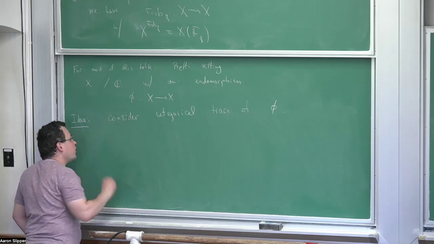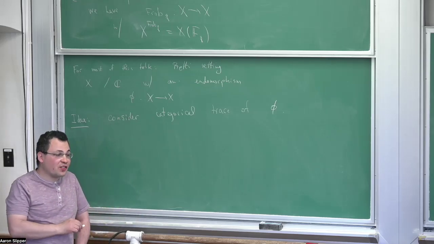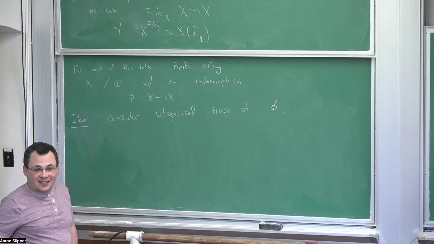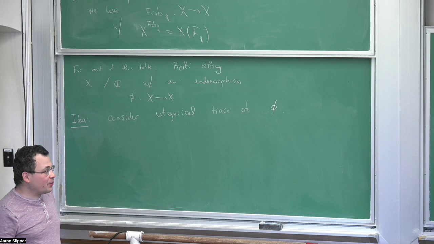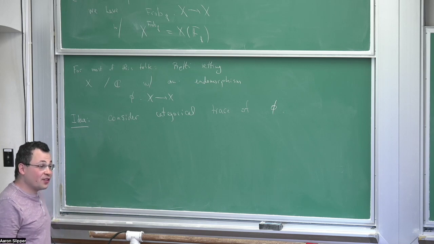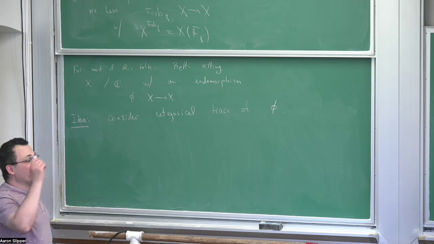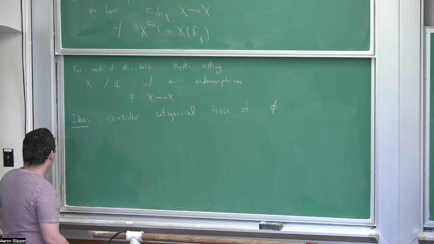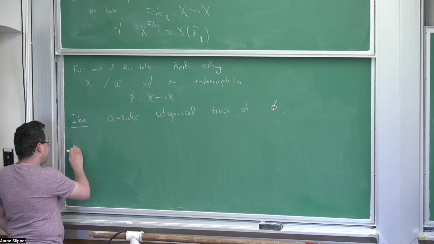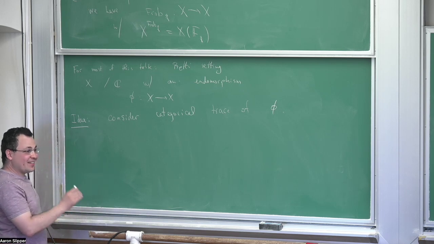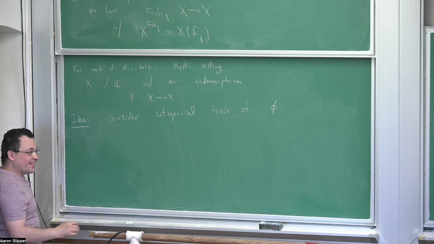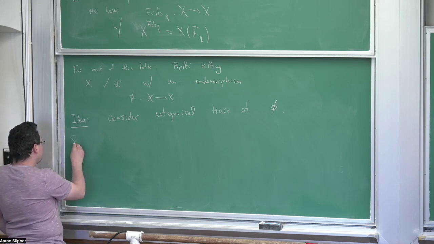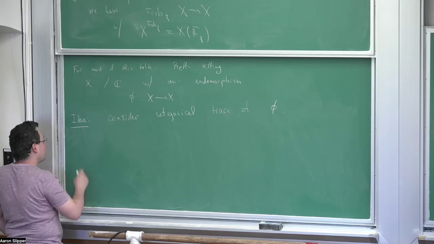There was some discussion of categorical trace in a previous iteration; at one point there was a talk devoted entirely to it. Okay, anyway, let's just start from the beginning.